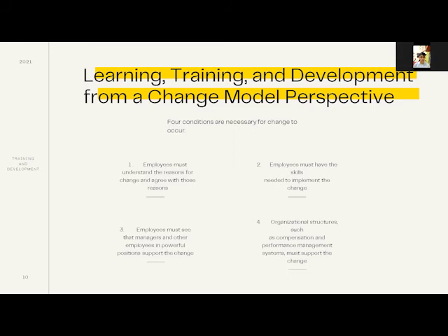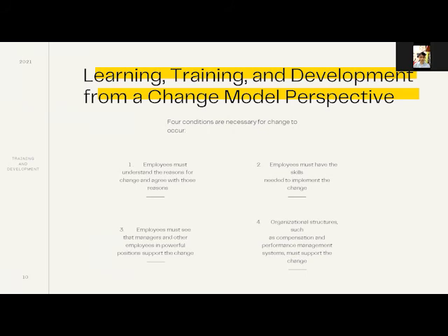So we must collectively seek people who are skillful enough to implement this kind of changes. So number 3, employees must see that managers and other employees in powerful positions support change. There is power in being powerful, and these people in authority must support the change in order for those people in line with them or behind them to follow and oblige with that pattern of change.